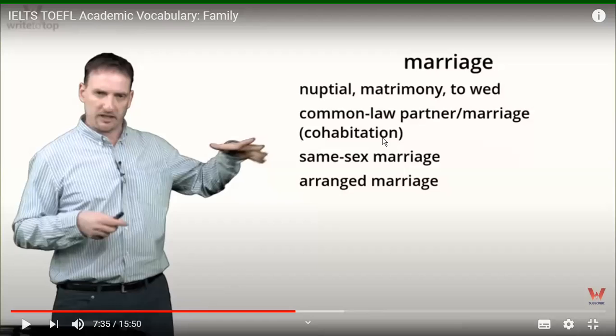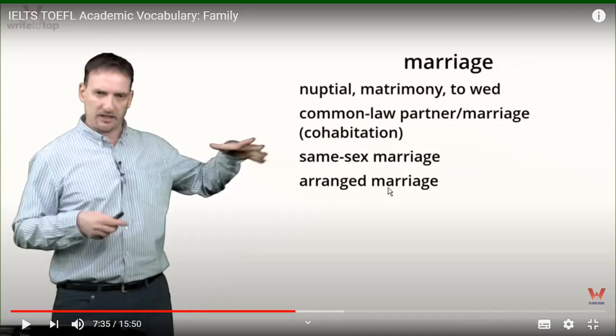In this situation, they are common law partners to each other. They haven't got any signing papers, any legal marriage. And the next one is same-sex marriage. Nowadays, especially in Western countries, you can say same-sex marriage. It is legal in those countries, but in our country it is illegal.